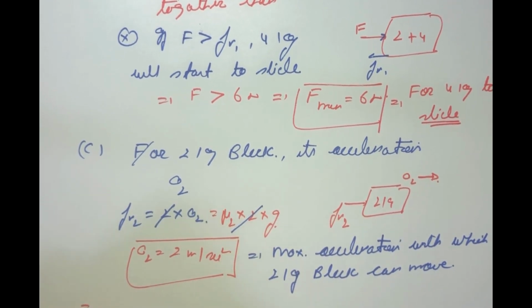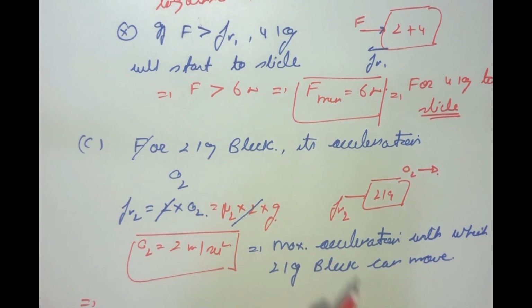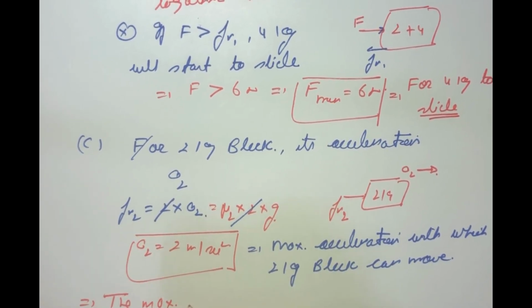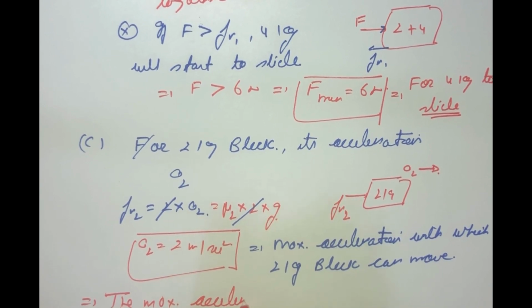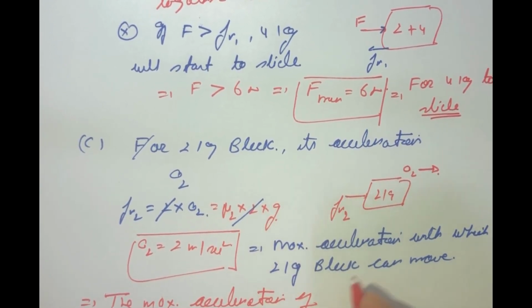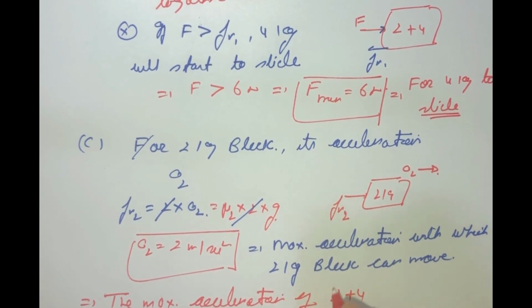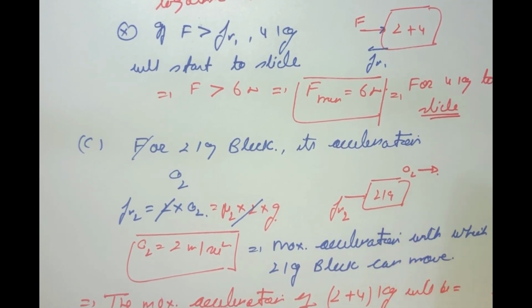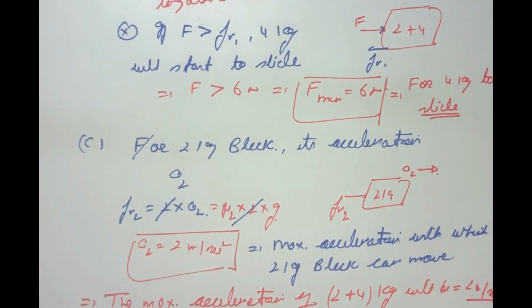Which also means that the maximum acceleration of 2 plus 4 kg will be 2 meter per second square.